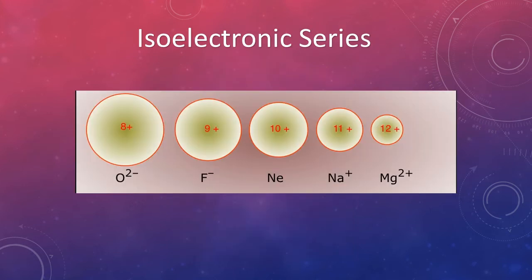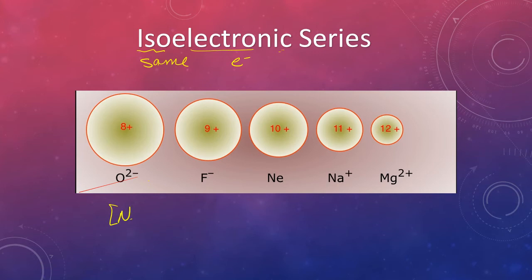Here comes the big word, isoelectronic. Do you remember what the prefix iso means? Iso means same. And electronic, well, we're talking about electrons. The suffix "ic" just makes it an adjective. Every single one of these ions has exactly the same electron configuration.